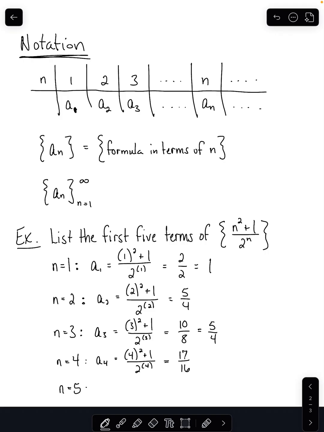And when n equals 5, a sub 5 would be 5 squared plus 1 over 2 to the fifth, which would give us 26 over 32, or 13 over 16.